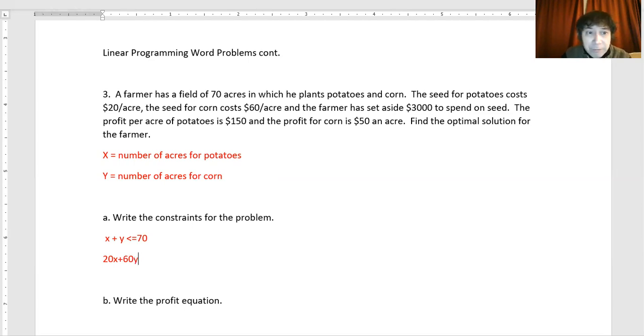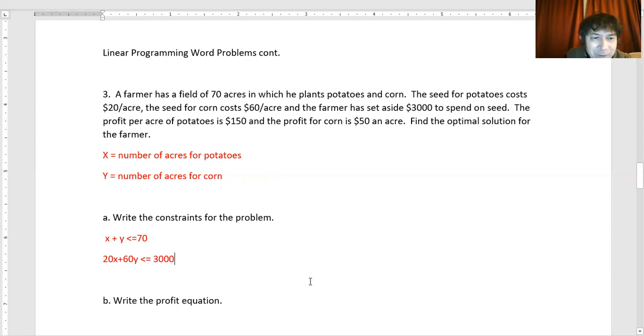That will be the amount for seeds. The farmer has set aside 300 to spend on seed. That means 20x plus 60y cannot exceed 3,000, less or equal to 3,000. This will be our constraint.